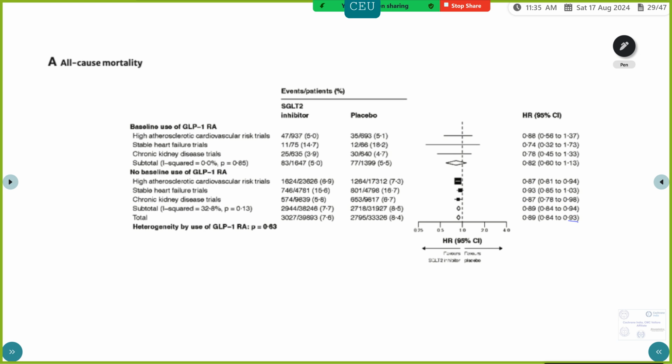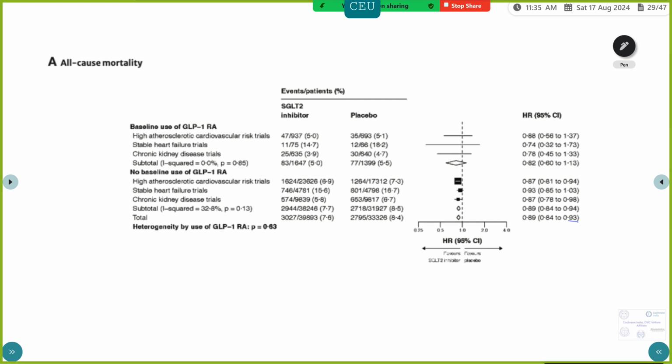That means there could be a 7% relative risk reduction in mortality. It's not an absolute reduction, so we should know the baseline mortality of our population without SGLT2 inhibitor use. Let's say the mortality is around 10%. That means 7% of 10% would be the reduction, that is 0.7. So 9.3 will be the mortality with SGLT2 inhibitor use.